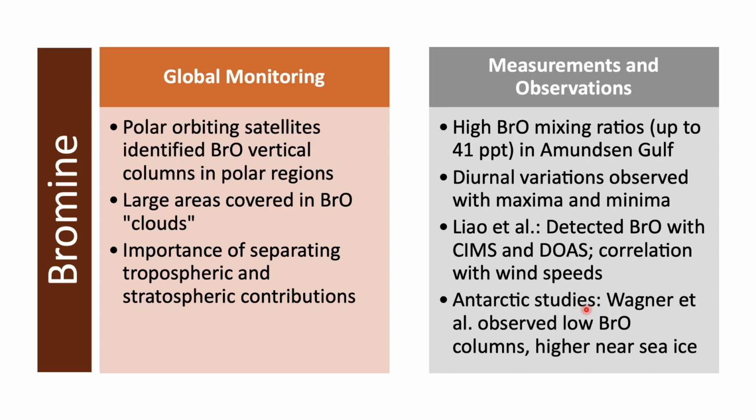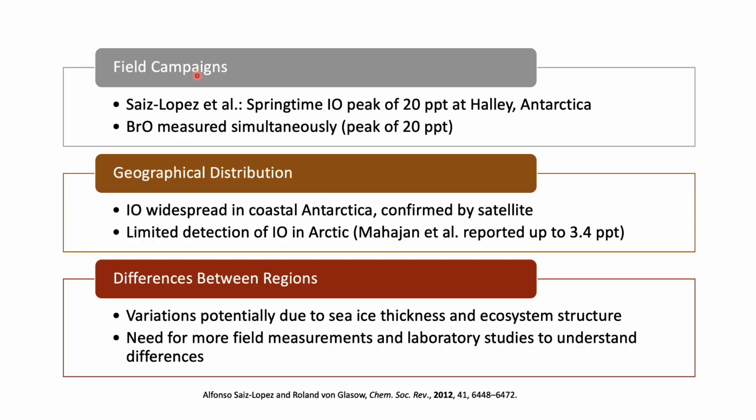Similarly, in the Antarctic region people have observed low bromine oxide columns and high values near sea areas. Some field campaigns and geographical distribution studies have been carried out with respect to iodine oxide. A springtime peak of 20 ppt was measured at Halley, Antarctica, and bromine oxide was measured simultaneously with a peak of 20 ppt.